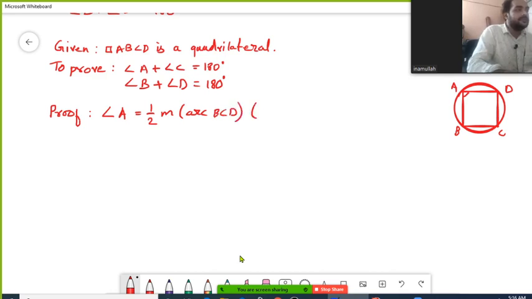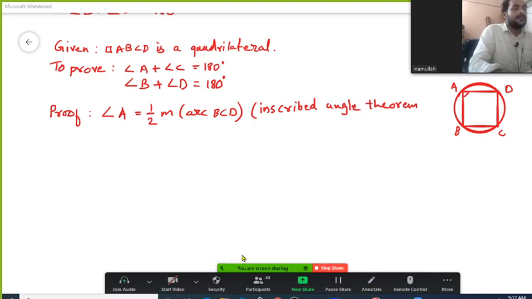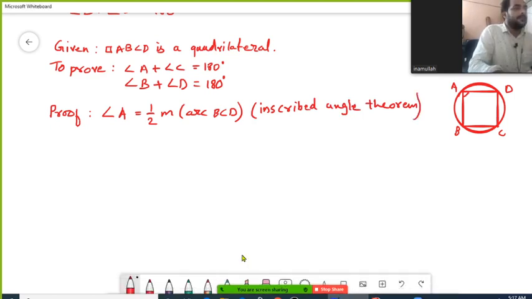The reason is the inscribed angle theorem. So this is the inscribed angle theorem. That's why this angle A is actually half of major arc BCD. And this is my information number 1.